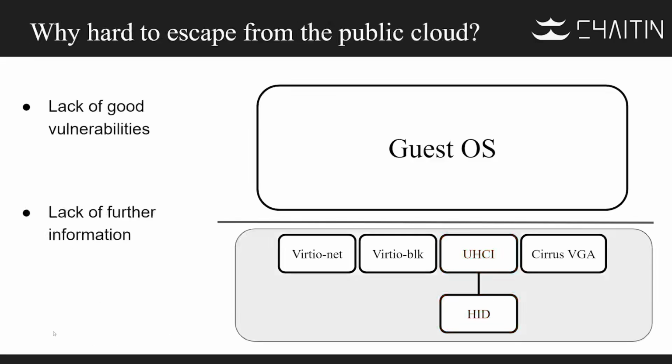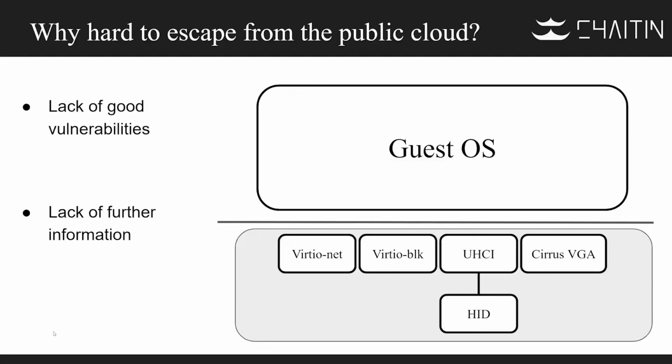So, why is it hard to escape from the public cloud? Imagine that you are a security researcher working for a public cloud provider. Your company is still using an old version of QEMU KVM.